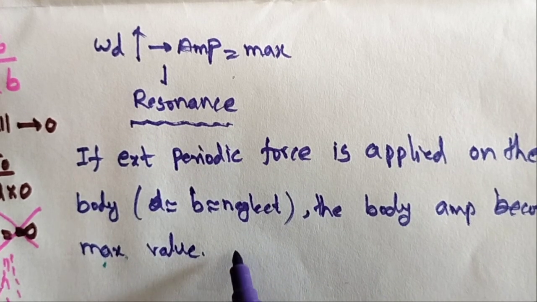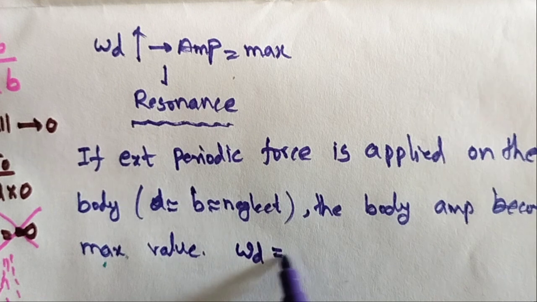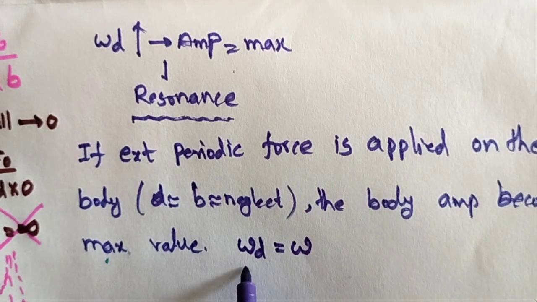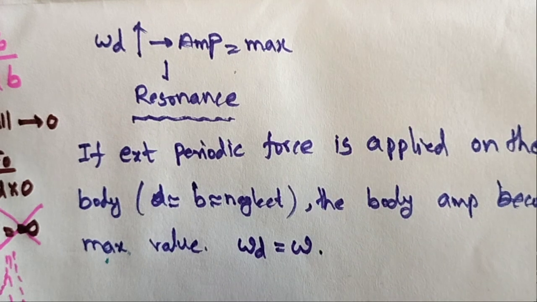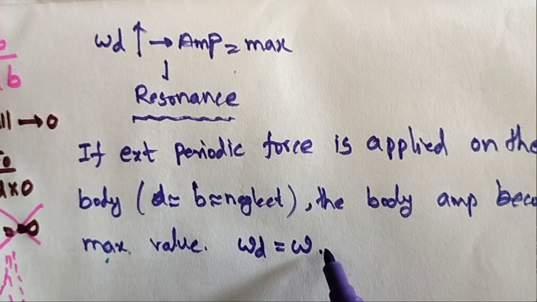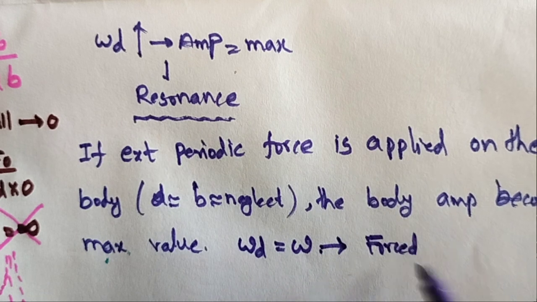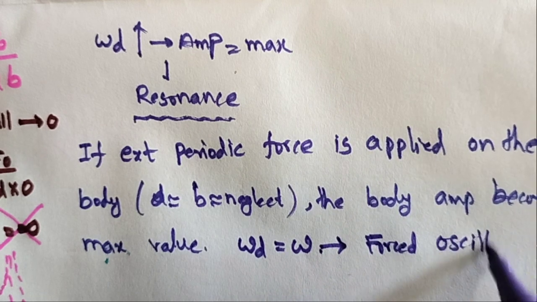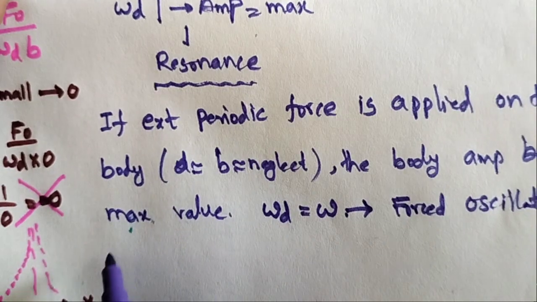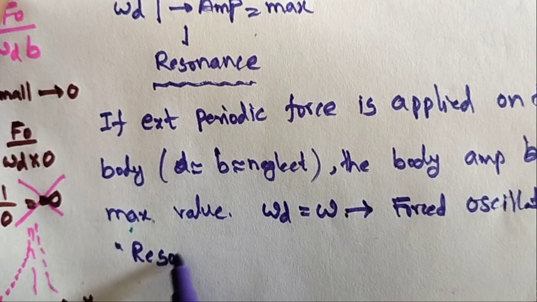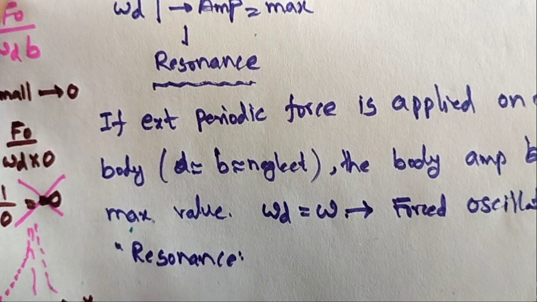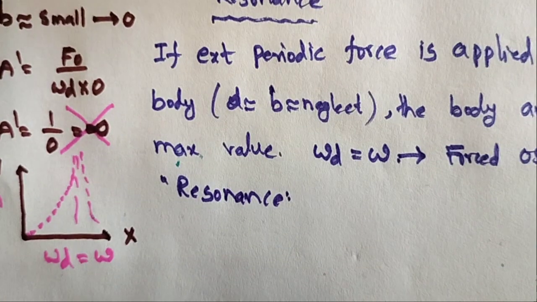That means omega d is equal to omega, the driving frequency is equal to the natural frequency. So this special type of forced oscillation is called the resonance process.